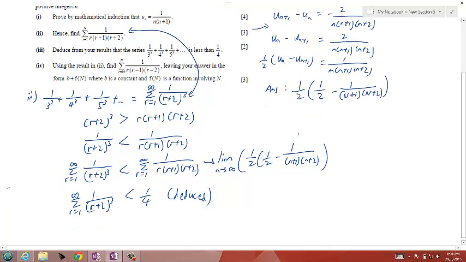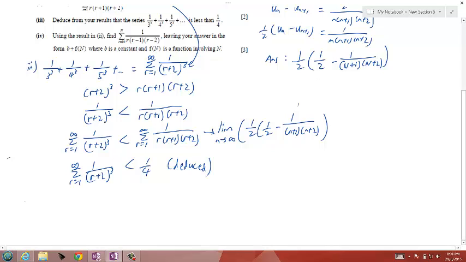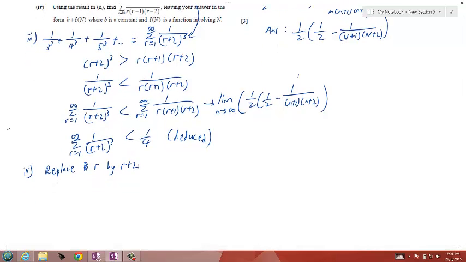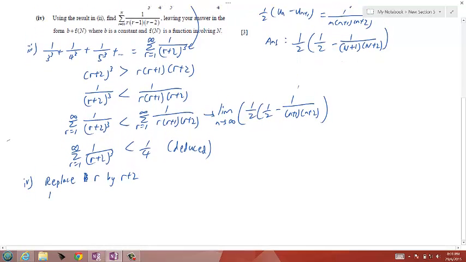So let me write down here. You replace r by r plus 2. So you copy down the question first. If I replace r by r plus 2, that means all the r change to r plus 2.